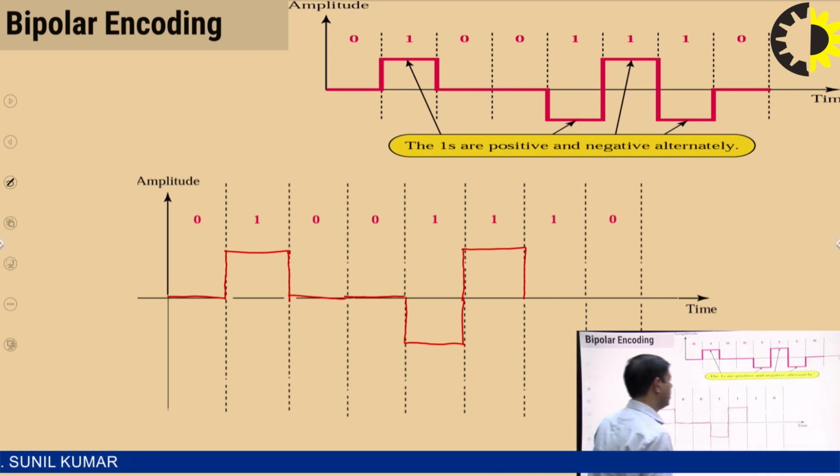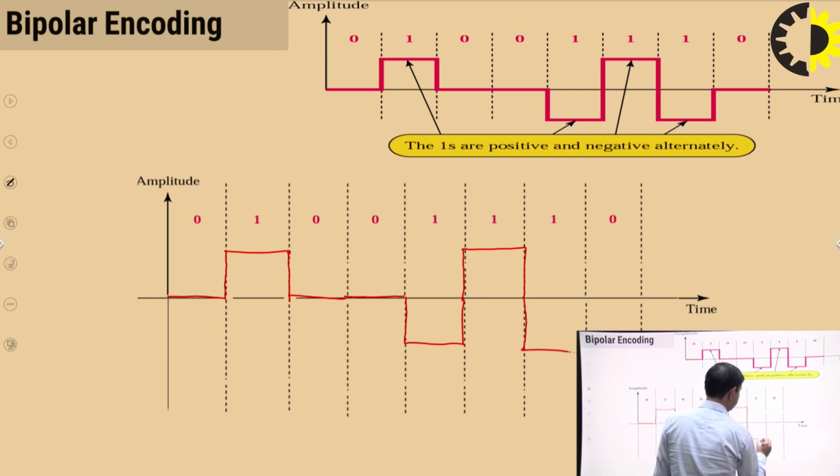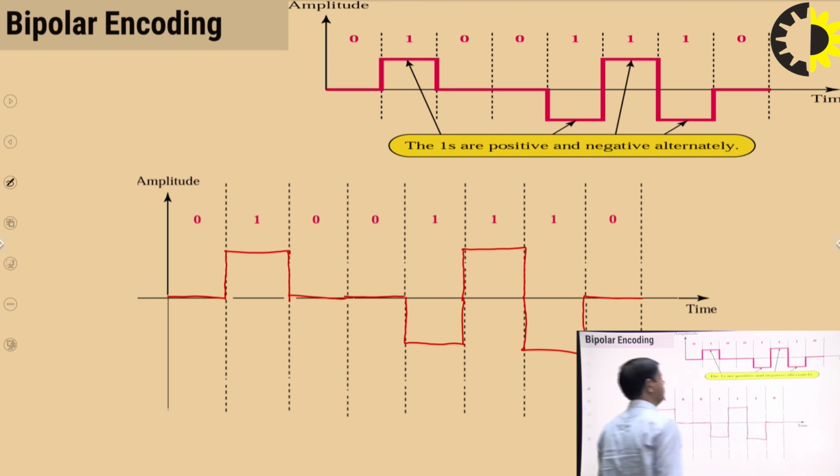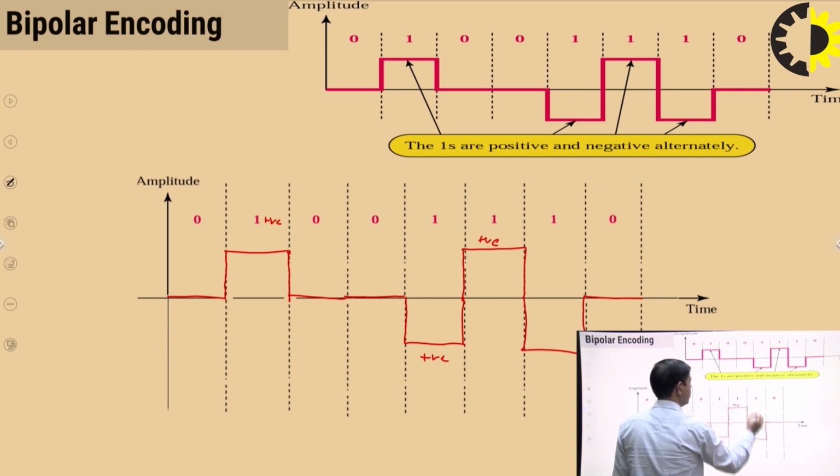Again 1 is encountered, again we will change like this, 0, that means onto the baseline. That means this one for the positive, this one for, for example, negative, again positive, again negative, and like this, because we are using 3 voltage levels.